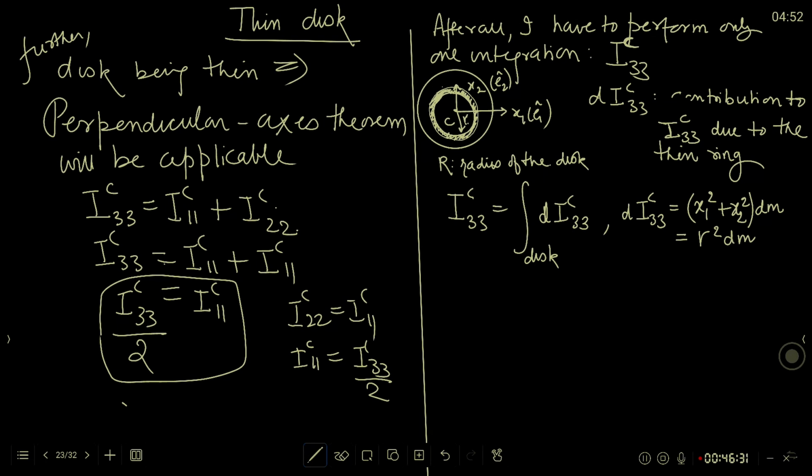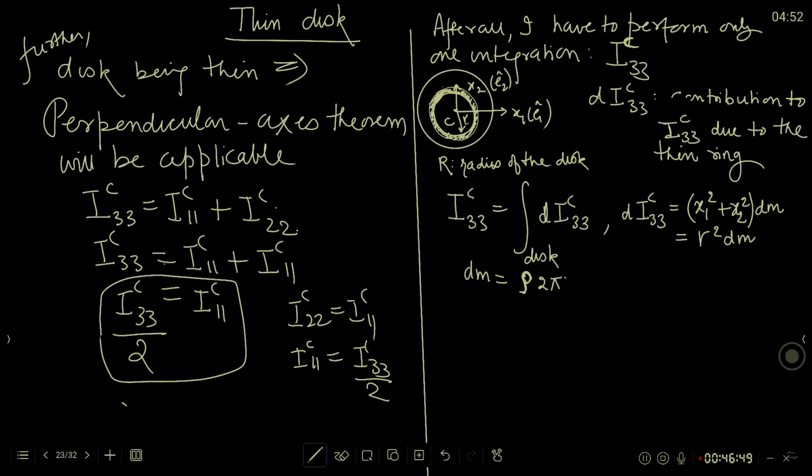Further, I'm going to write dm as density of the disk material multiplied by 2 pi r dr, multiplied by, say, T. What is dr?